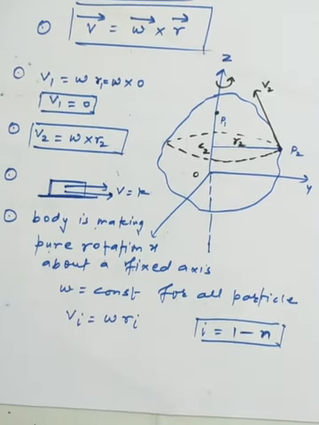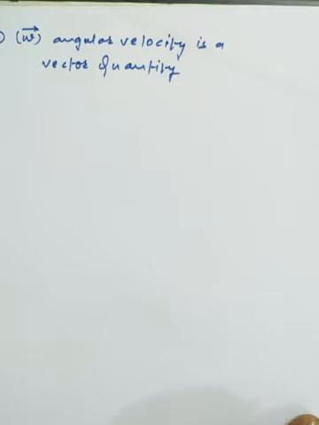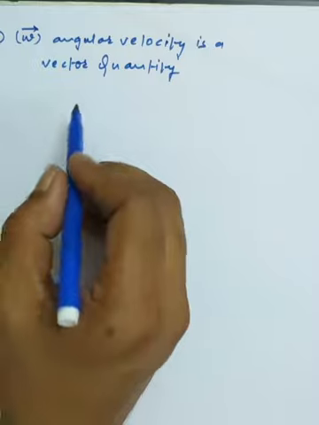Now the next point we want to discuss is that omega, the angular velocity, is a vector quantity. So how can we say that?